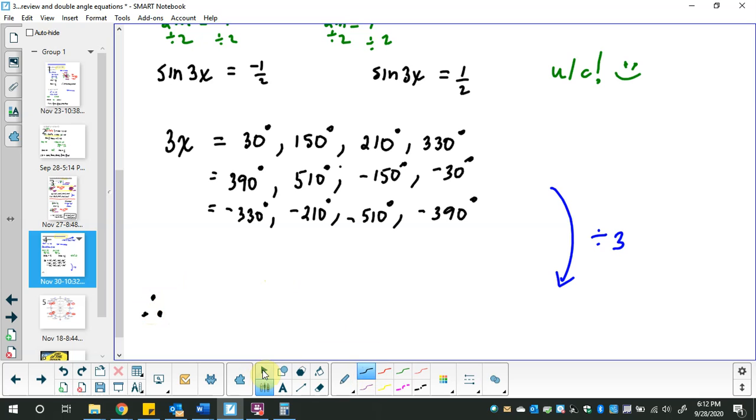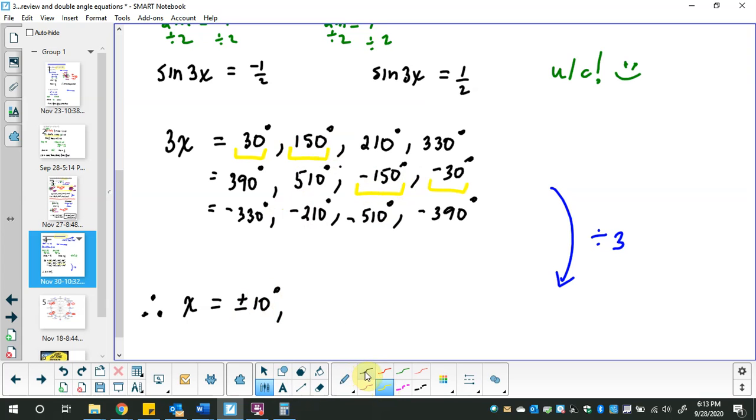So by that, I mean, here, I've got a 30 and I've got a negative 30. And I can divide both of them by 3 and get an answer for x that is positive and negative 10. Here's a 150, and there's also a negative 150.